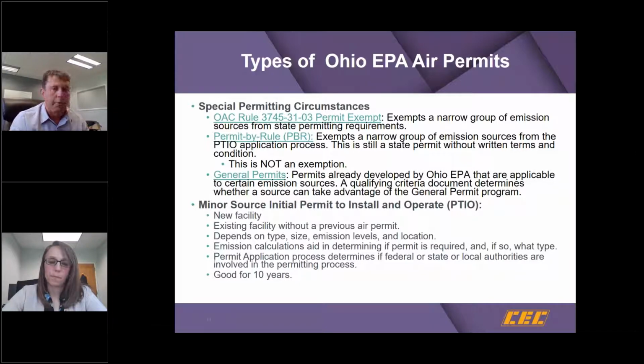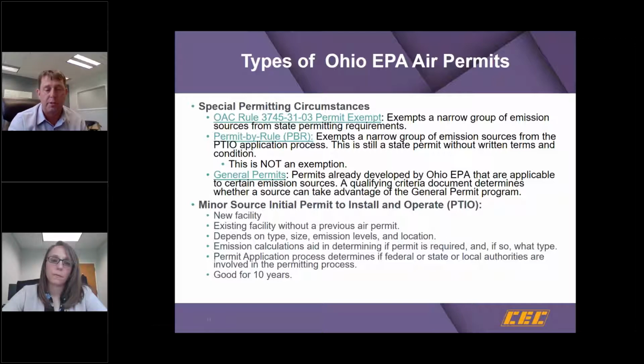So with a general permit, all you're really doing is applying for authorization under an existing general permit. You don't have to go through all of the application forms, and you don't have to go through the lengthy process. Well, you have to do the calculations, but you're not submitting all of that. So it's a much more streamlined process. You get these authorizations back really quickly.